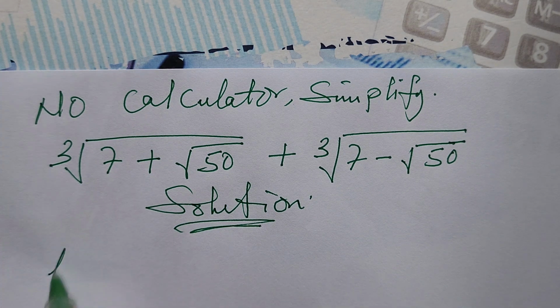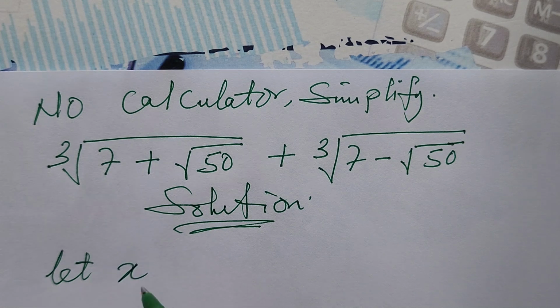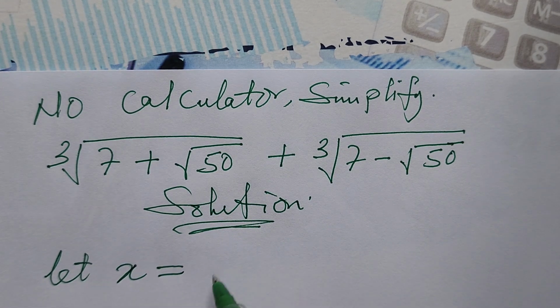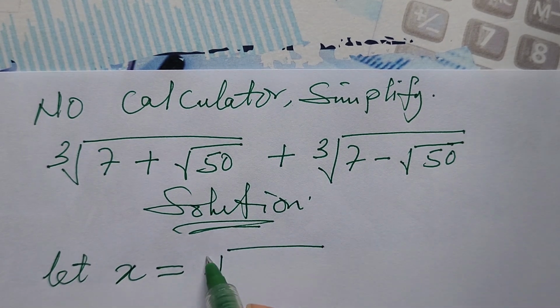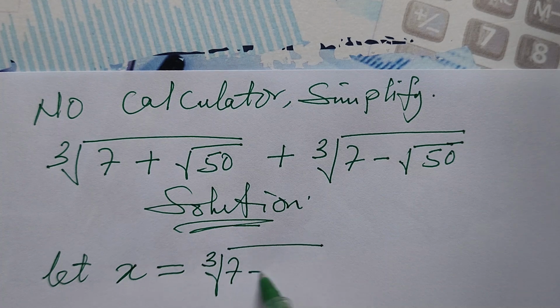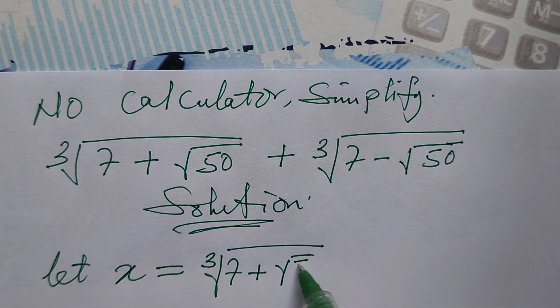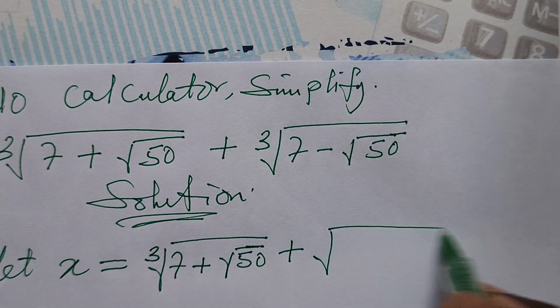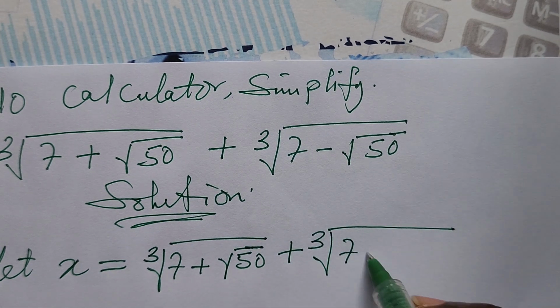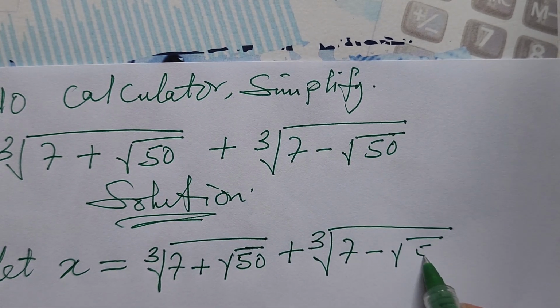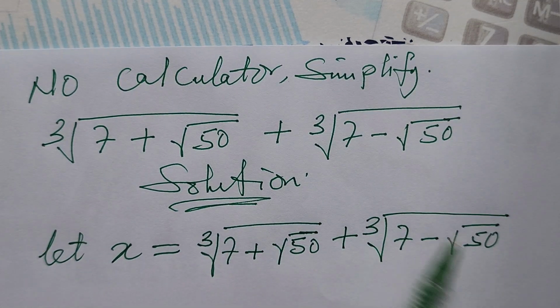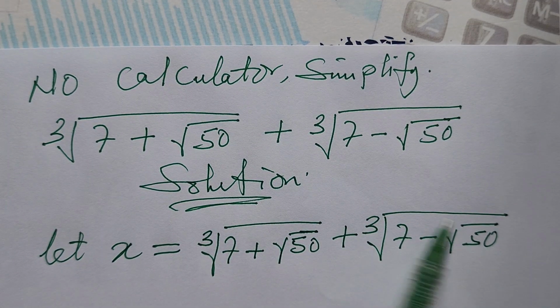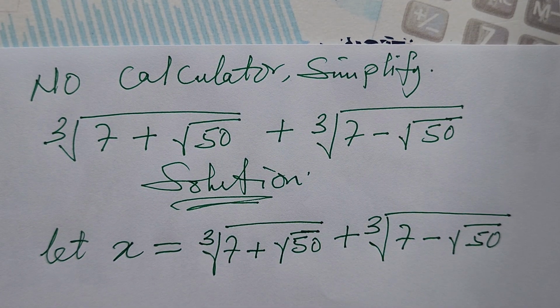Let's take the simple letter F to be equal to the whole expression, the cube root of 7 plus the square root of 50, plus the cube root of 7 minus the square root of 50. If you look at these two expressions, you discover that one is the conjugate of the other.